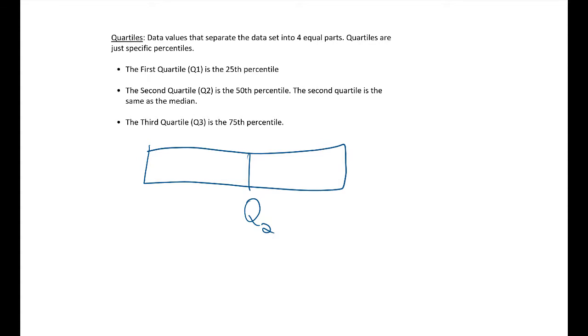If you take the median of just the left half, that is what the first quartile represents. And if you look at the median of just the right half, past the overall median, you're going to get the third quartile. And there you can see we have 4 equal blocks of data. But once again, to find the quartiles, it's just using the same formula we used before, just using those specific percentiles.